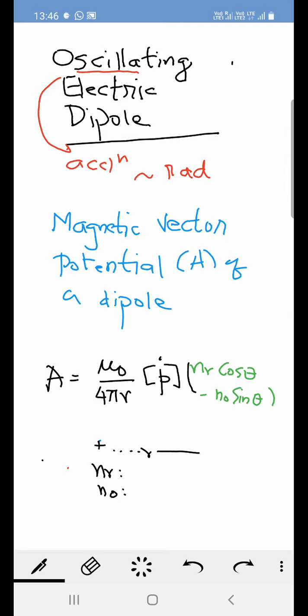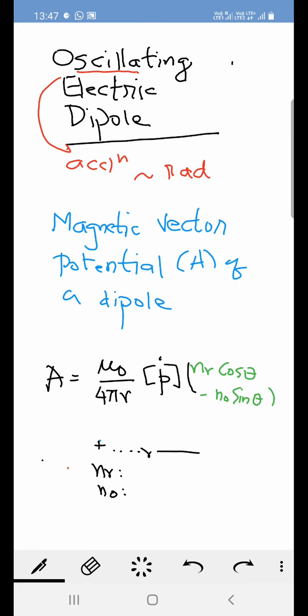So we get three components of the magnetic vector potential A in terms of AR, A theta, and A phi. So in spherical polar coordinates, that is R, theta, and phi.